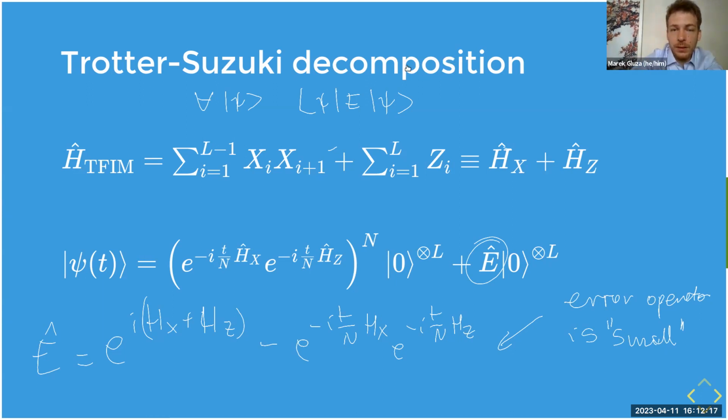But in this case, E is non-Hermitian, so I should consider the maximum over psi of E dagger E, which should be small, and this is the largest singular value of this error operator.